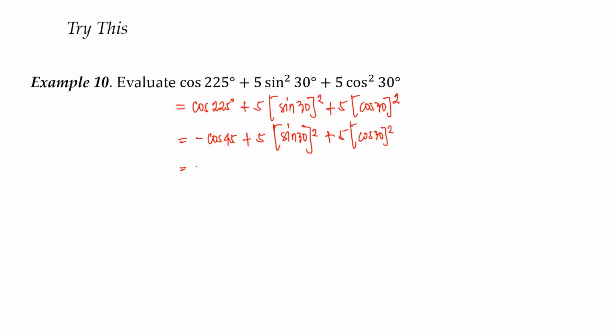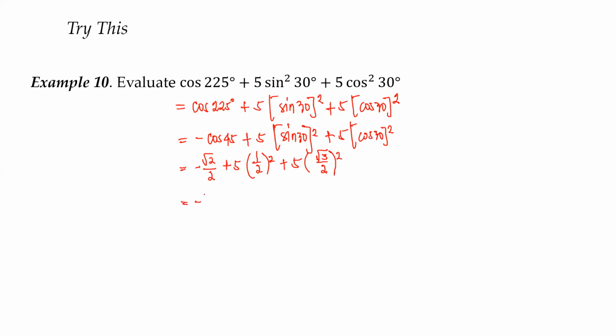Cosine 45 is square root of 2 over 2, right? So the cosine 225 is negative square root of 2 over 2, plus 5 sine 30, that is 1/2, so this is 1 over 2 squared, plus 5 times cosine 30, that is square root of 3 over 2, square root of 3 over 2 squared.